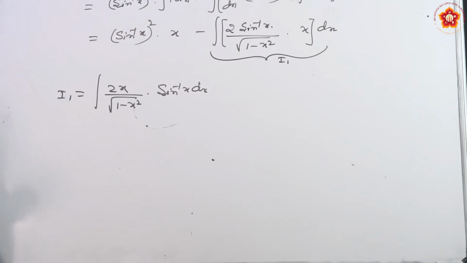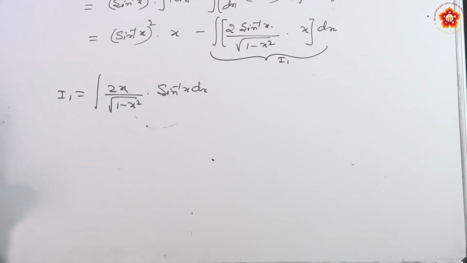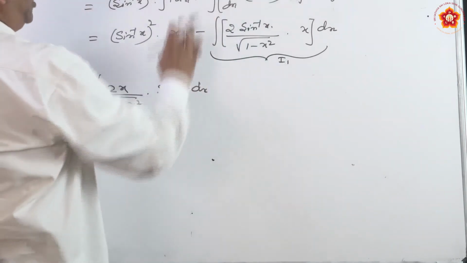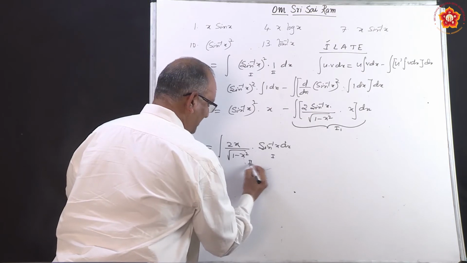Once again, one is an algebraic function, another is an inverse trigonometric function. Which one is to be taken as first? Go back to that formula I told you. The inverse trigonometric function should be taken as the first function, and this as the second function.